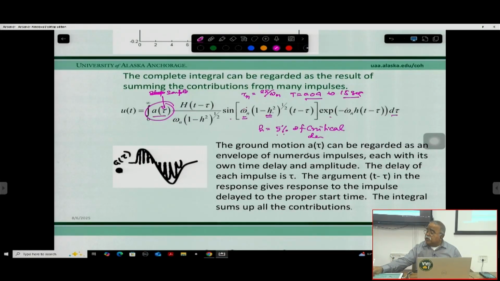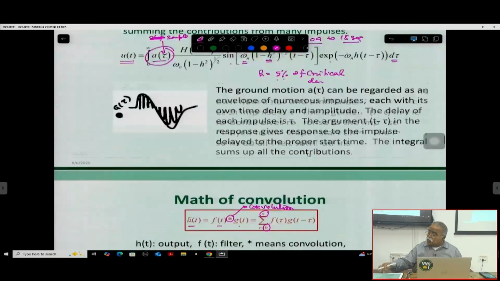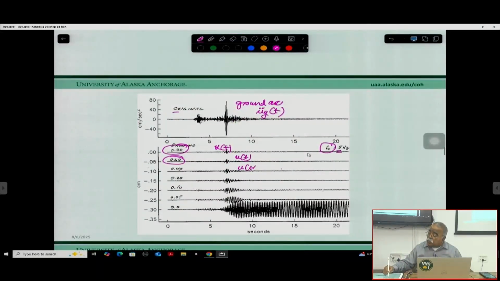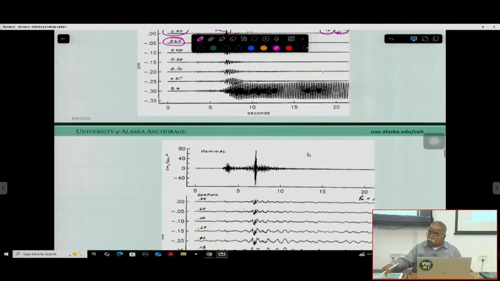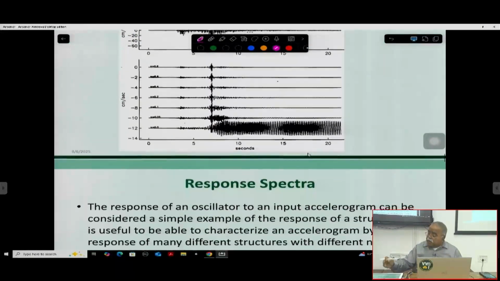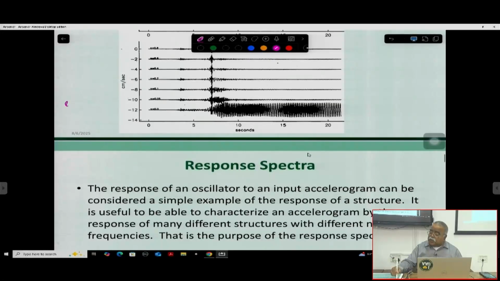We integrate it and compute the building response UT. I am showing here that for a particular damping and a particular frequency, we are plotting the UT response. This is at a different frequency but the same damping, and so on and so forth. So this UT is what we are interested in finding.